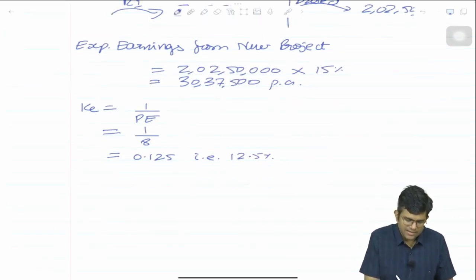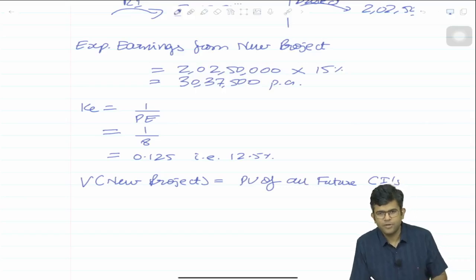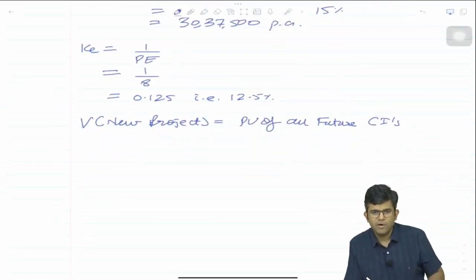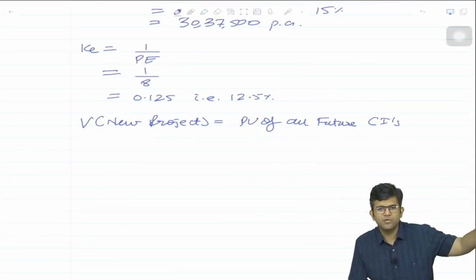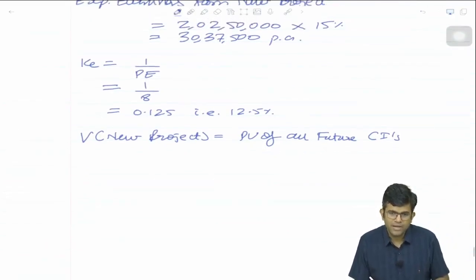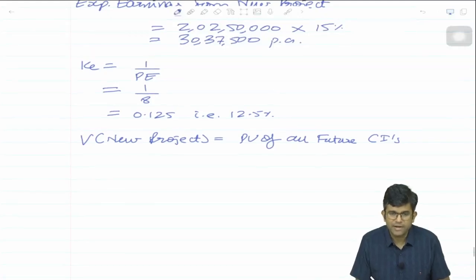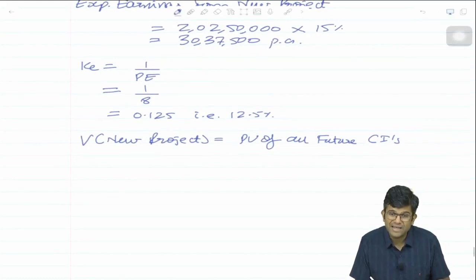Value of new project will be the present value of all future cash inflows from the project. Whatever cash inflows the project will give in future, the present value of it will be the value of the project. The future cash inflows the project will give you is 30 lakh 37,500 per annum for eternity. I have to discount it at the rate 15%.